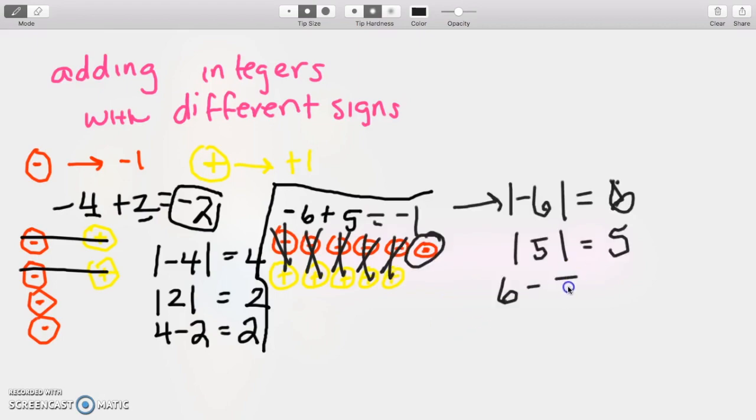We know that 6 minus 5 is equal to 1. Since 6 is larger than 5, our answer will become a -1 because it's going to take the sign of the greatest absolute value.